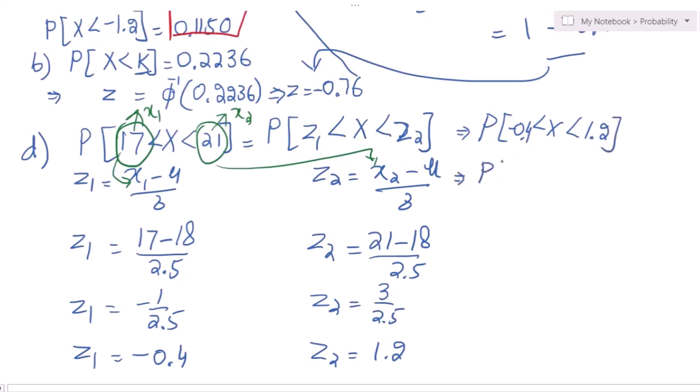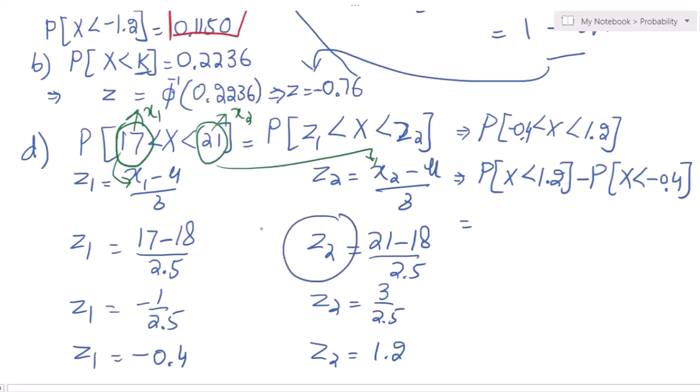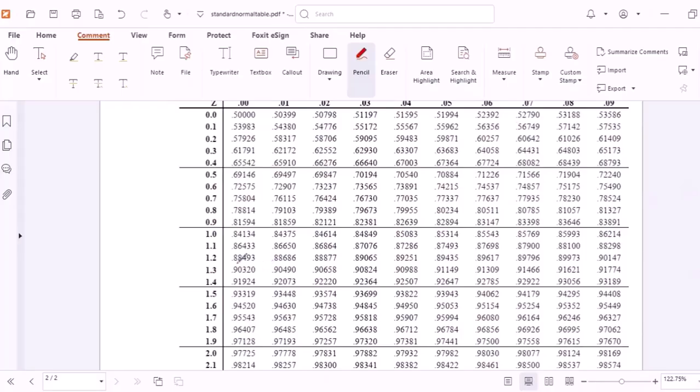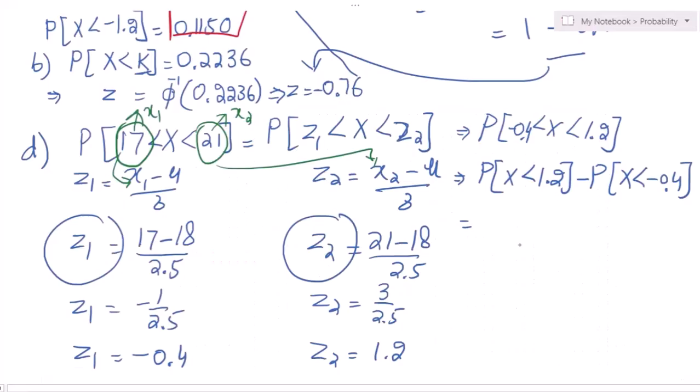Which is basically the probability that z is less than 1.2, and from it we have to subtract the probability that z is less than minus 0.4. These two values we have to look for in the z distribution table. For 1.2, the value is 0.8849, so 0.885.